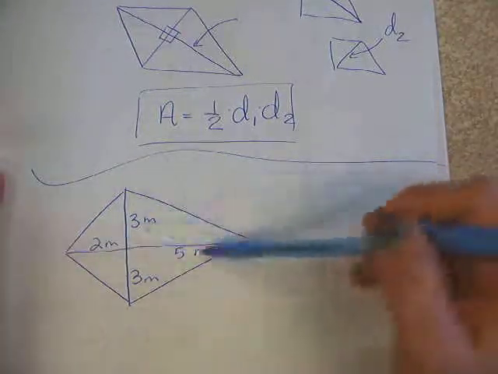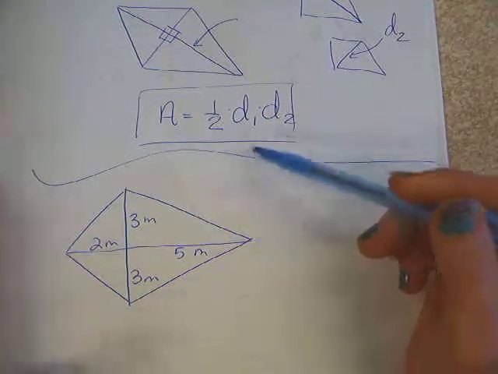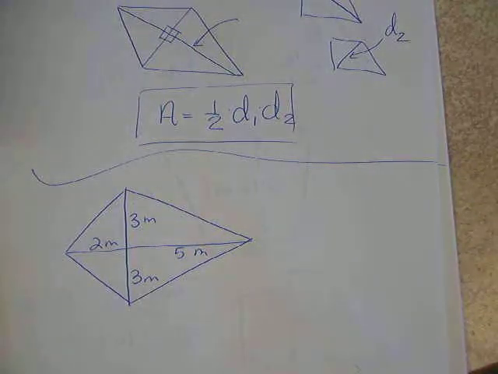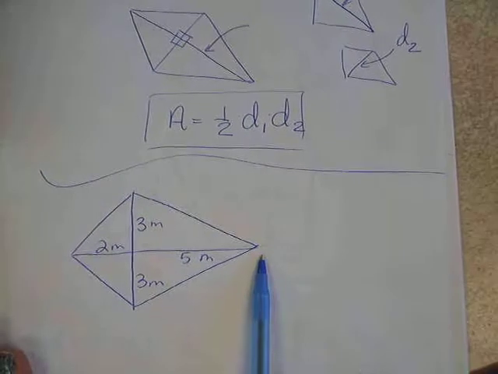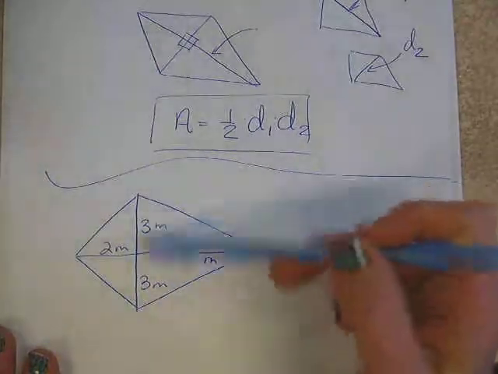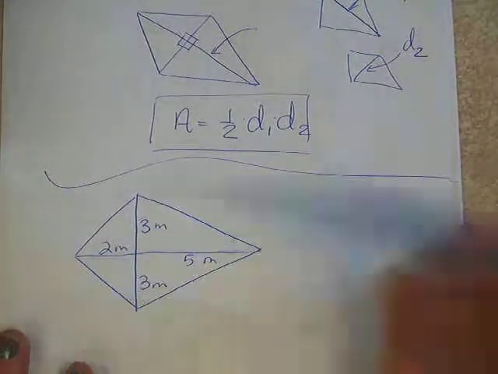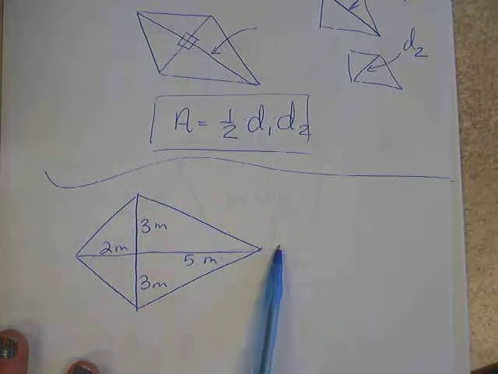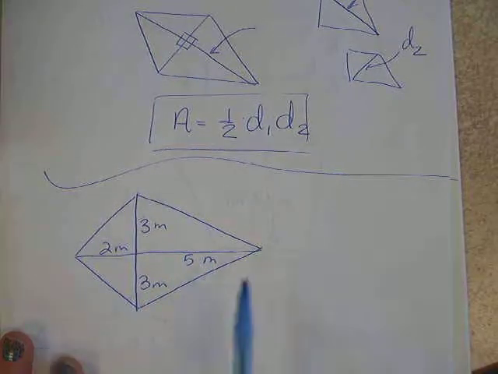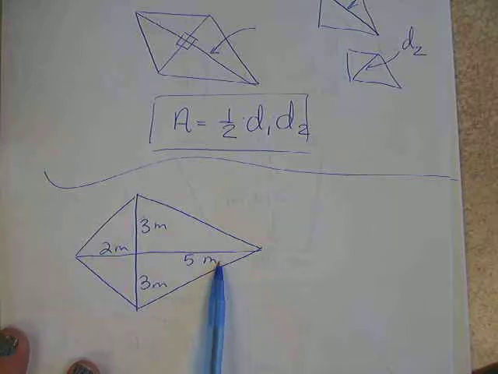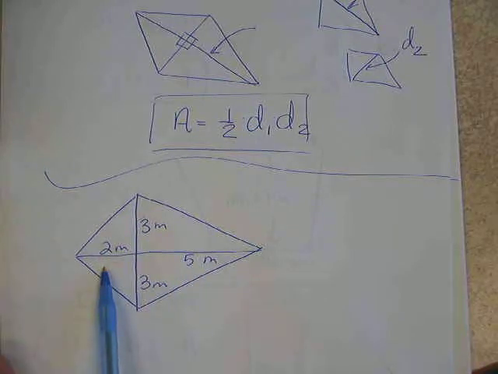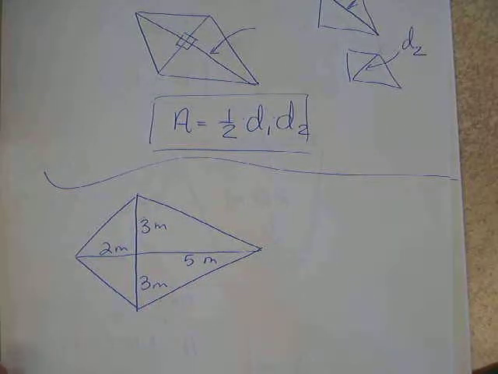Sometimes the trouble people have with these is if you're missing a piece, say you're missing that length, we need it. Sometimes people assume that because these are congruent, those are congruent, but you should remember back from the quadrilateral unit that one of these, the long one, is a bisector of the other one.